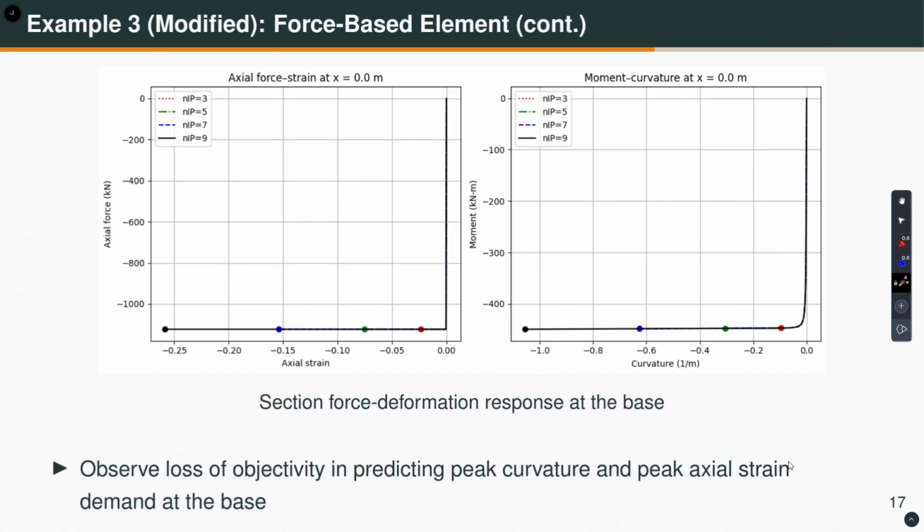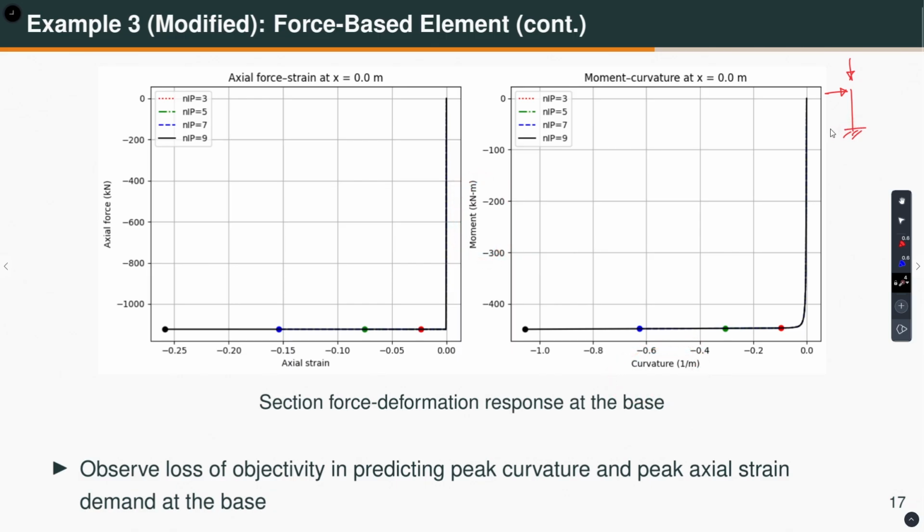Okay. I also plotted the section force deformation response at the base. So, that means here is my cantilever subjected to axial load and lateral load. I am looking at this cross section and plotting the axial force and axial strain at that cross section and the bending moment and curvature at that cross section.